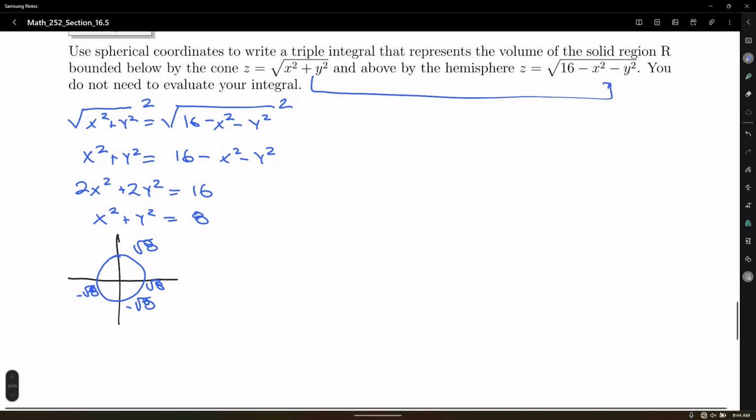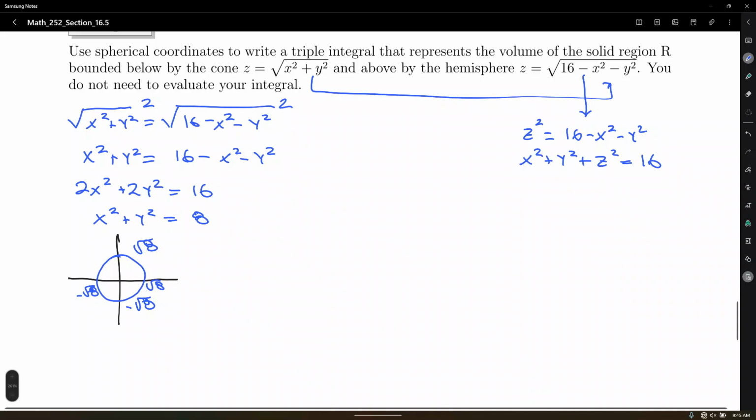Number 1, this will be our sphere. z squared equals 16 minus x squared minus y squared, so x squared plus y squared plus z squared equals 16. What can you tell about that equation? It's rho squared equals 16.